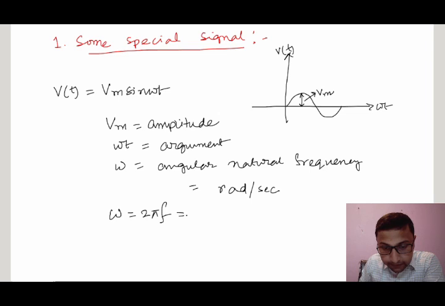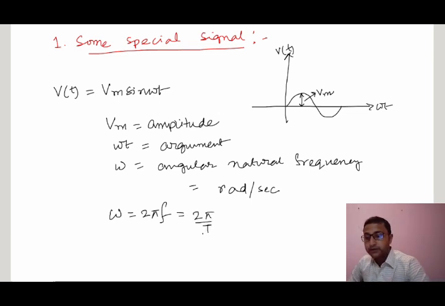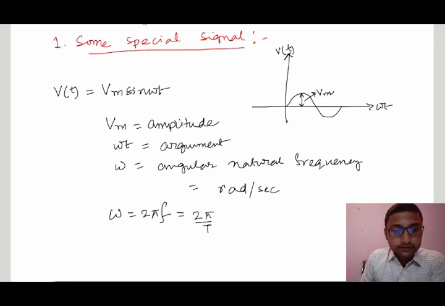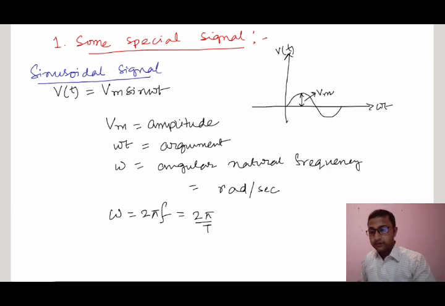So it may be written as 2 pi by capital T, because the supply frequency is inversely proportional to the time period, where capital T is the time period. Nothing else. So this is called the sinusoidal signal.